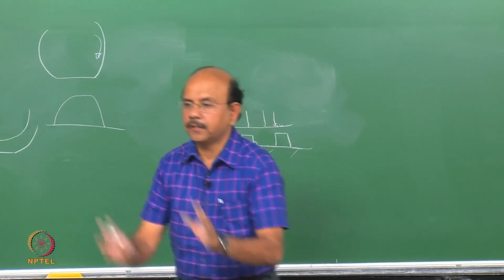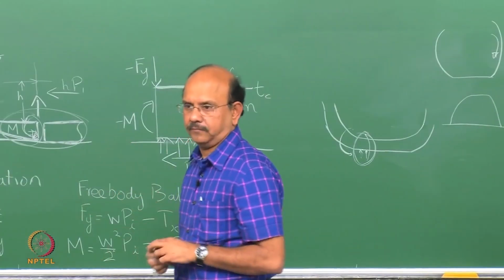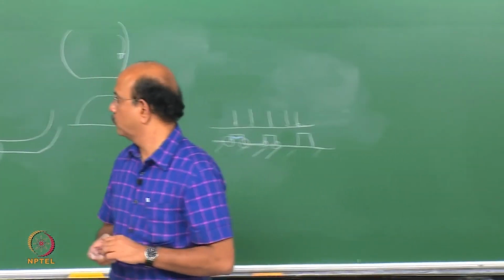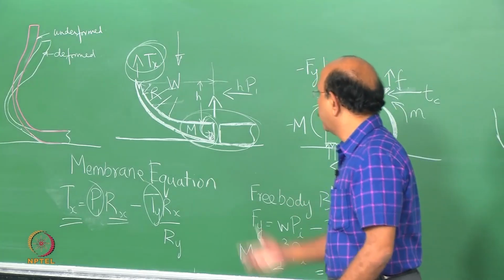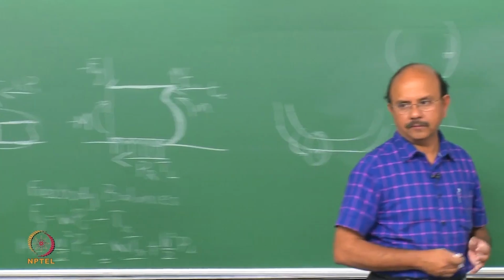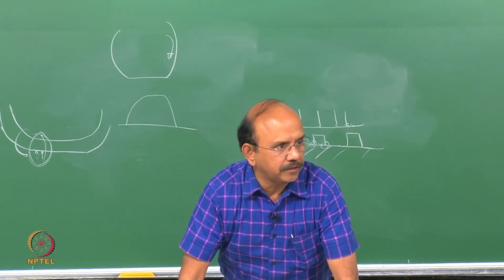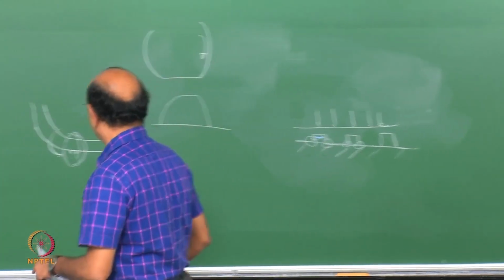Clear? Any questions? Dy is the membrane force in the y direction, right? What is Fy? Is it the sum of all the forces? Yes, in the y direction. X I had given here, y is in the other direction. PA is the pressure, PI is the inflation pressure, PA into W. Let me write down if you have doubts.